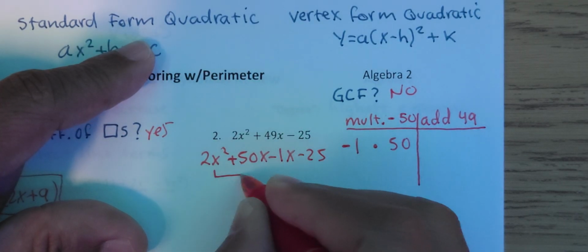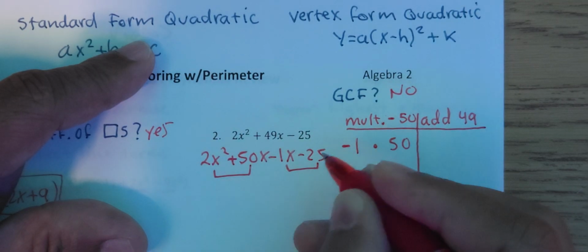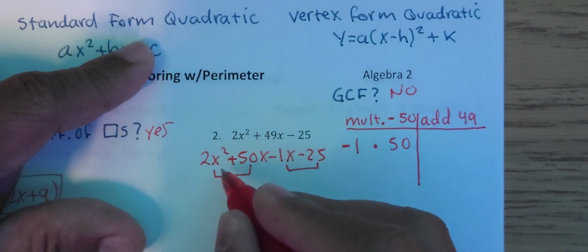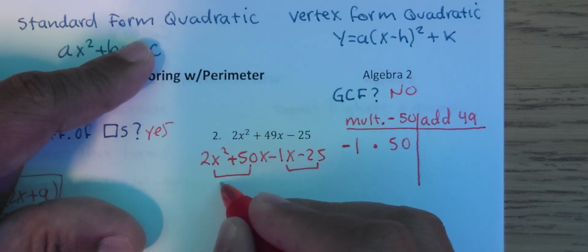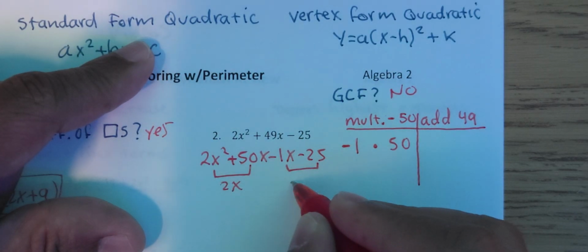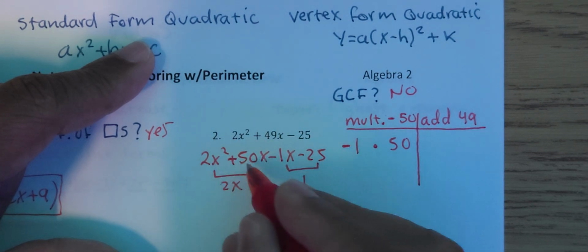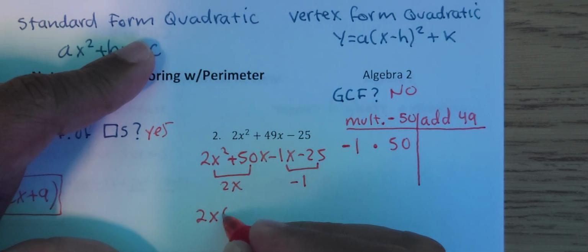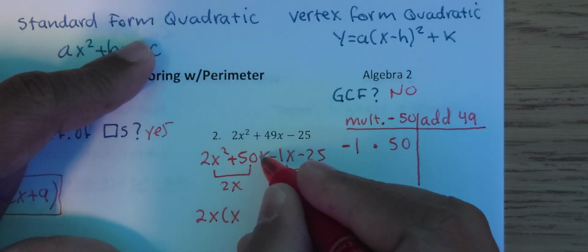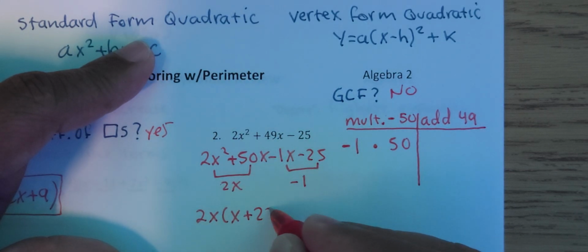Then group them. So there's one group and there's a second group. So we do the GCF twice. The GCF of this group is x and the GCF of this group is 25. Factoring out x from this group, we have x as a GCF, and then this becomes 2x minus 1.